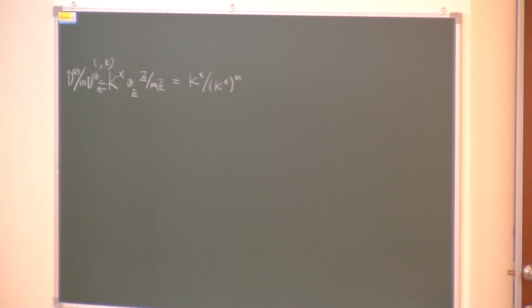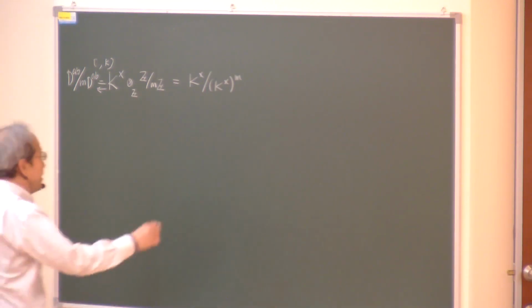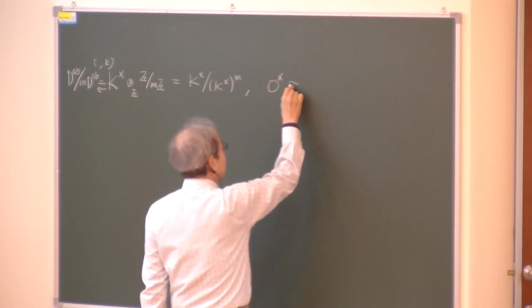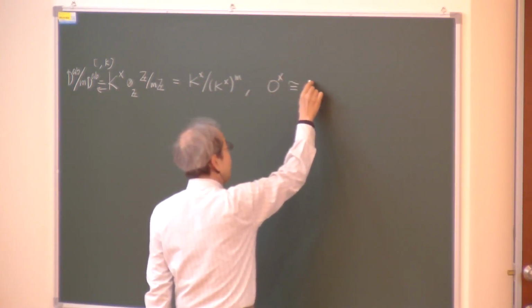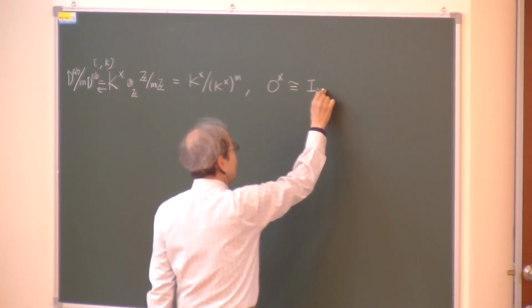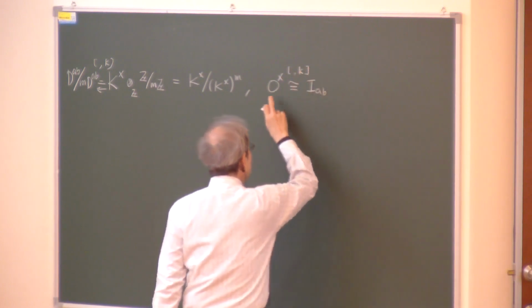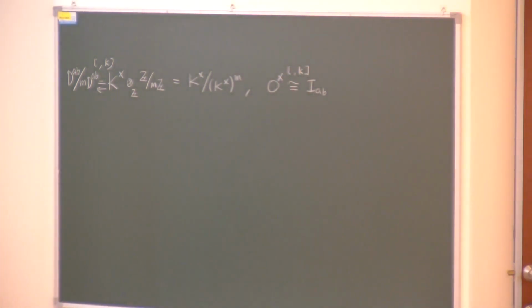And another point is that O cross by the Artin symbol isomorphically goes to I ab. So on this side, the inertia part is an isomorphism. Okay.